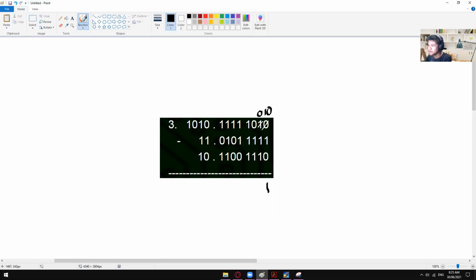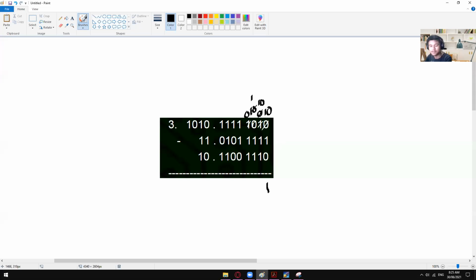So in here, 1 will become 0, and then 0 will become 10. Okay, so now he has the money, so we can now borrow something. So 0 will become 10, and then of course this 10 will become 1.